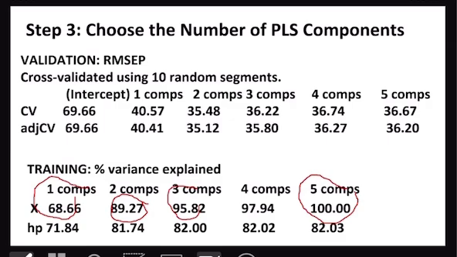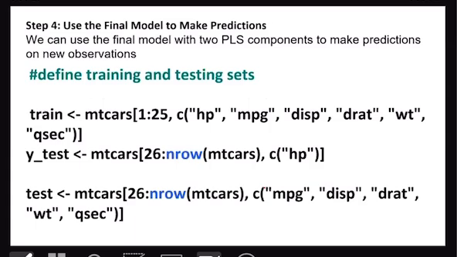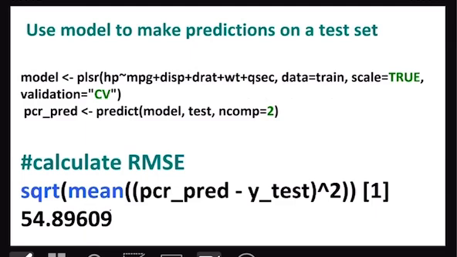Now, when I go into prediction, when I want to use the model to make a prediction, I got this as a root mean square error.